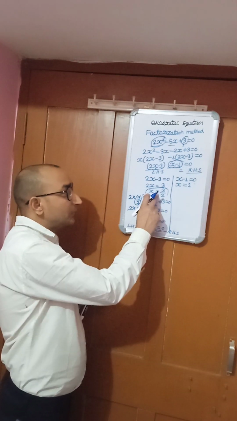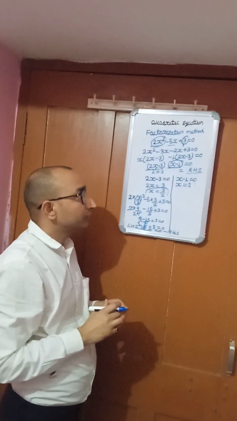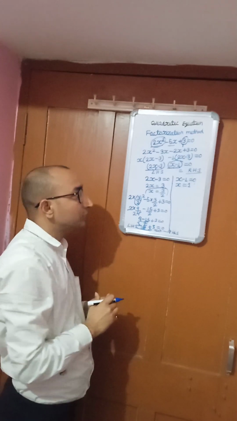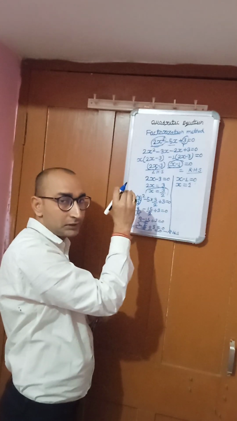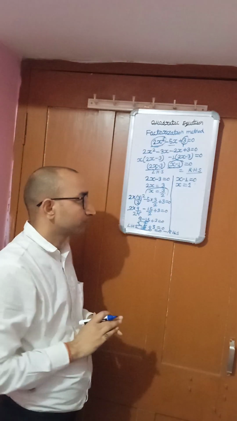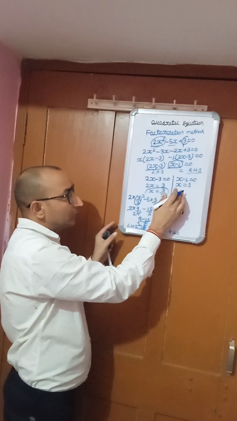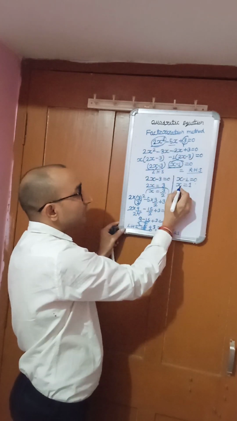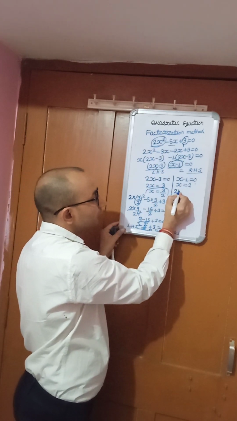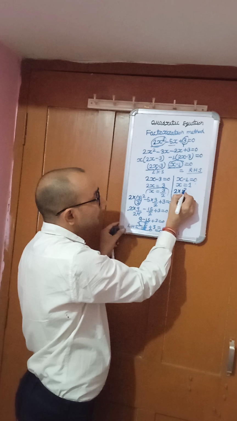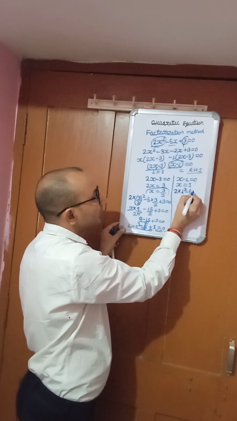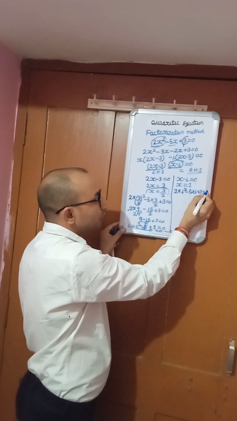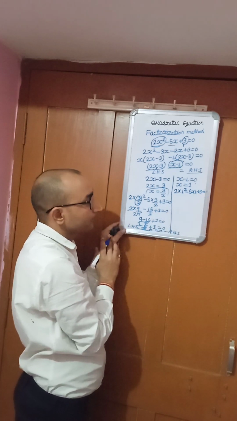Means if we put x equals to 3 by 2 in the given equation, then LHS equals to RHS. In the same way, if we put x equals to 1 here, 2 into 1 square minus 5 into 1 plus 3 equals to 0, RHS.